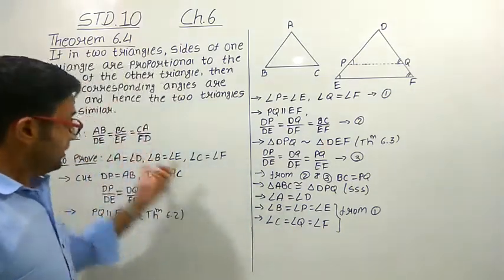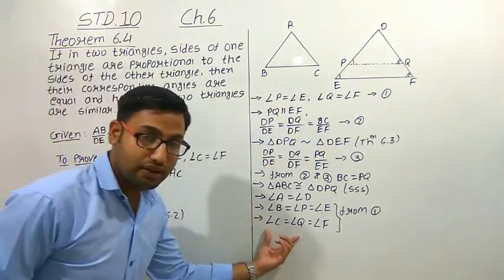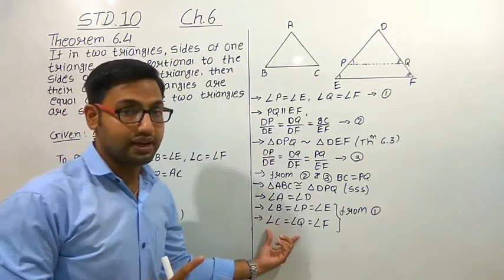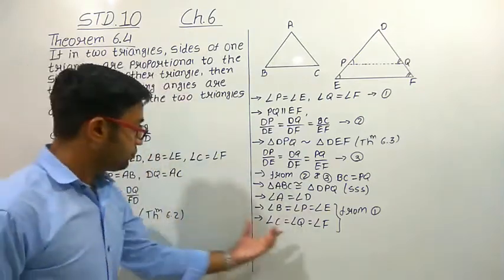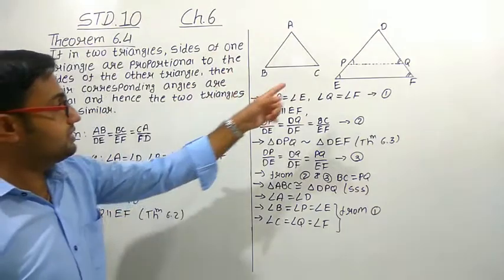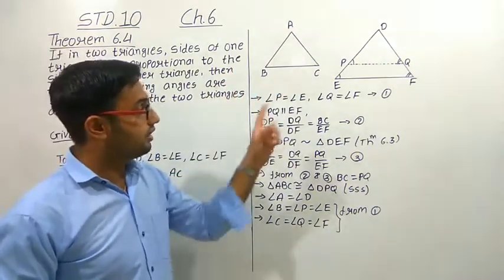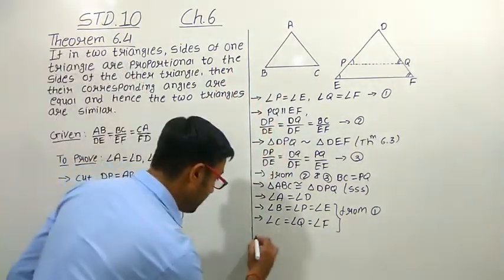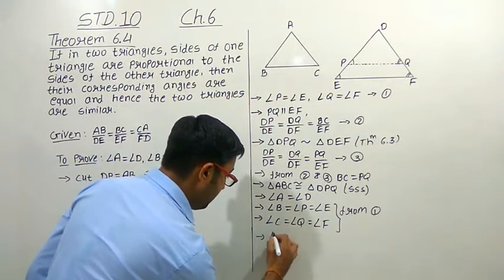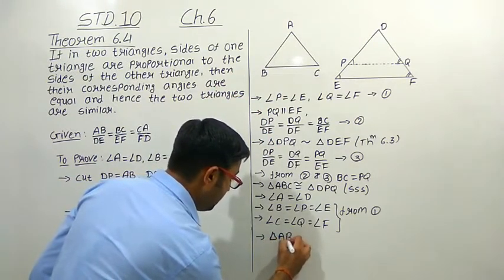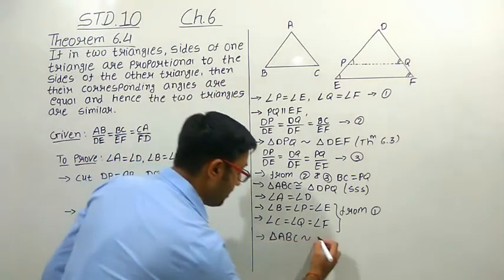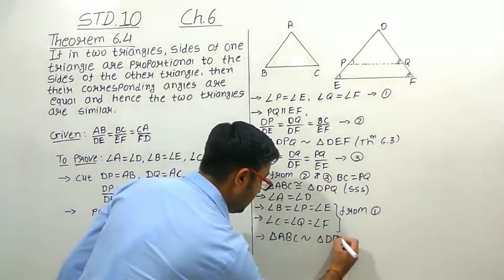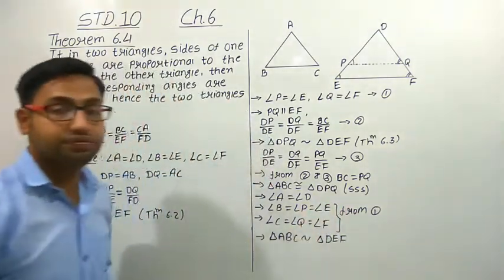So both these criteria are satisfied for the similarity. So from these two conditions, we can say that triangle ABC is similar to triangle DEF. So here we can write down that triangle ABC is now similar to triangle DEF.